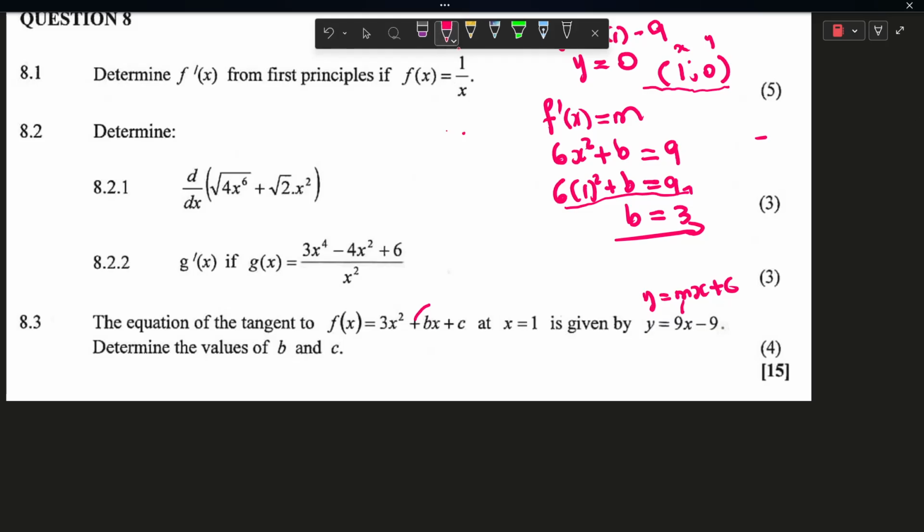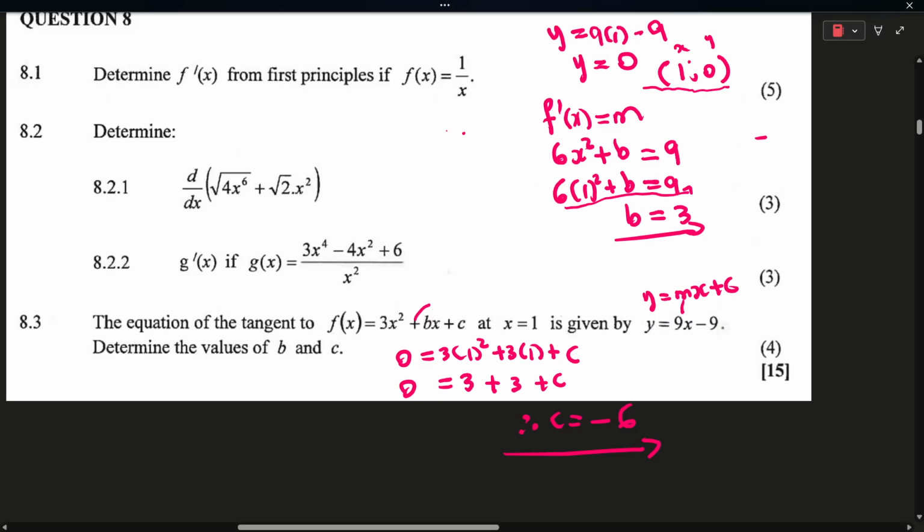Where there is f of x, we put 0. 3 into 1 squared, we know b is 3, 3 into 1, plus c. You see, this is what we are doing. We want to find c. So this is 0 is equal to 3 plus 3 plus c. Therefore, c is equal to minus 6.